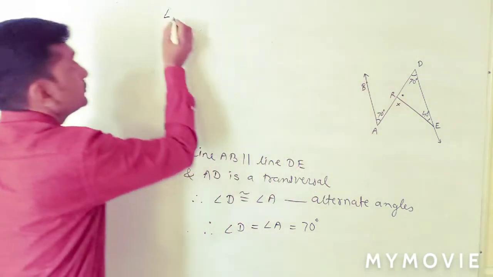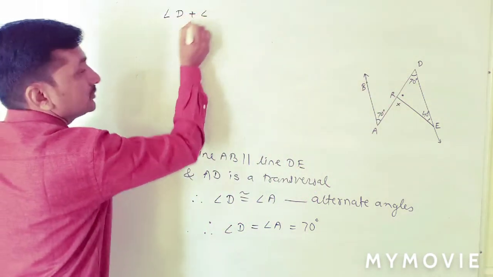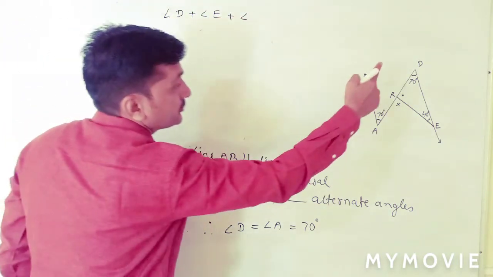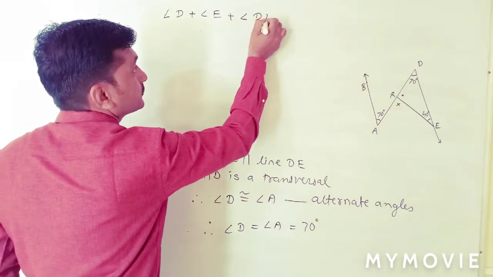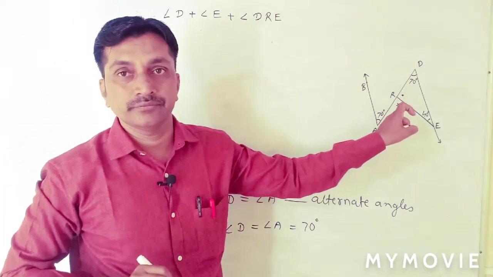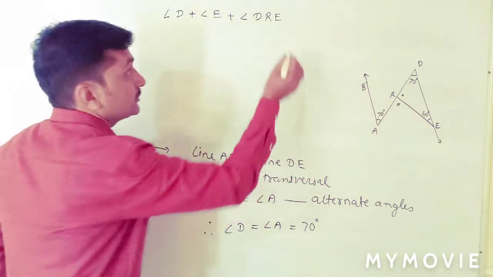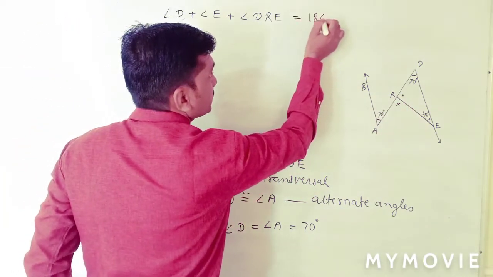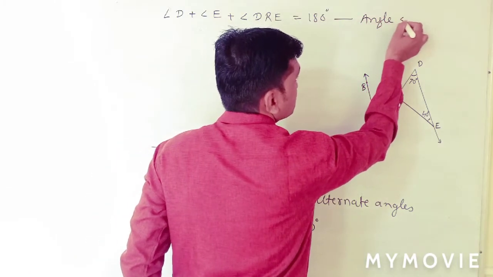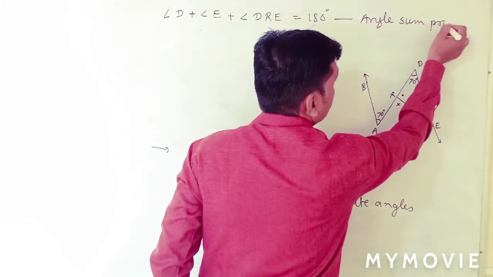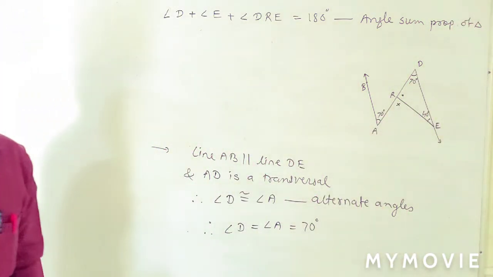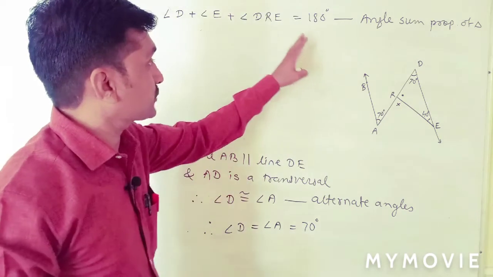Angle D plus angle E plus angle DRE, three letters, we cannot read it only R, three letters DRE is equal to 180 degrees. And the reason here is the angle sum property of triangle: the sum of three angles of a triangle is 180.